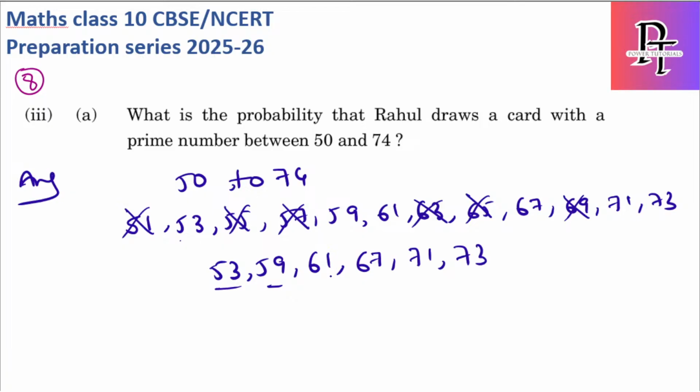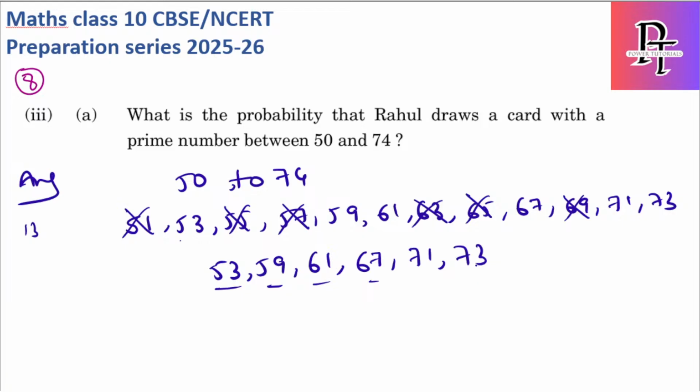61, 7, no, 11, 12, 13, 14, 15 will not happen, 16, 17 also will not happen. 61 is also prime. 67, no, 67 is also prime. 71, it is not divisible by any number.